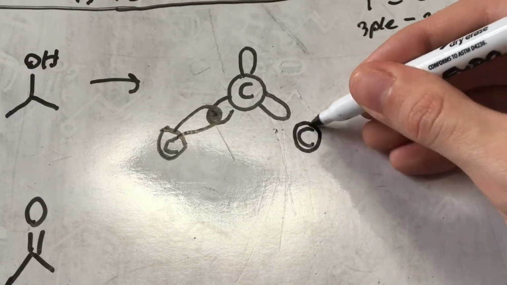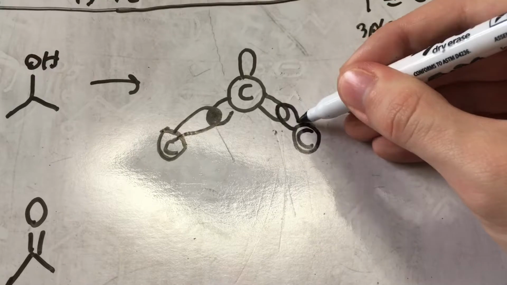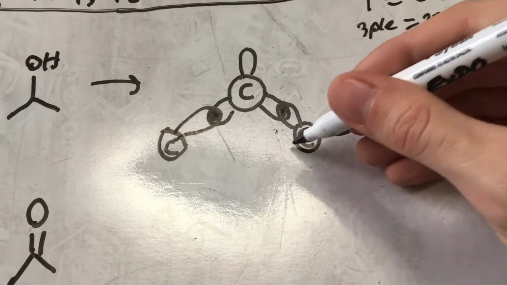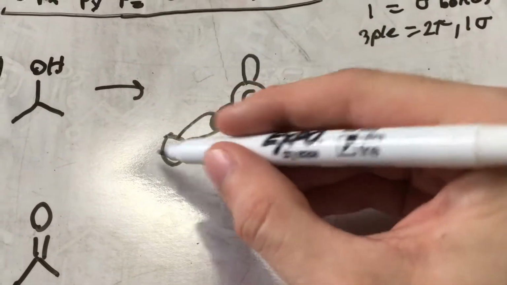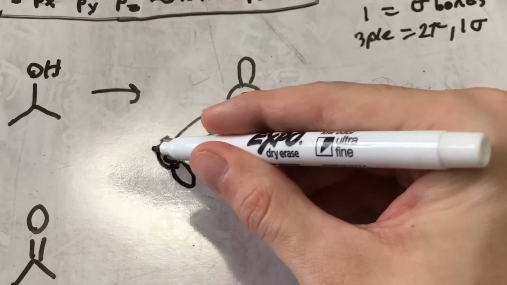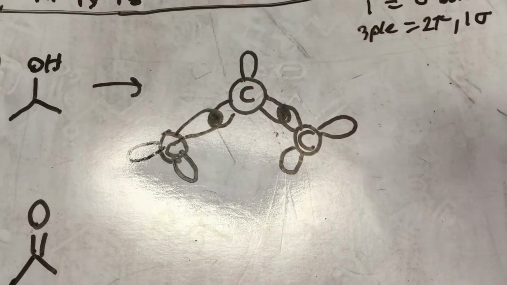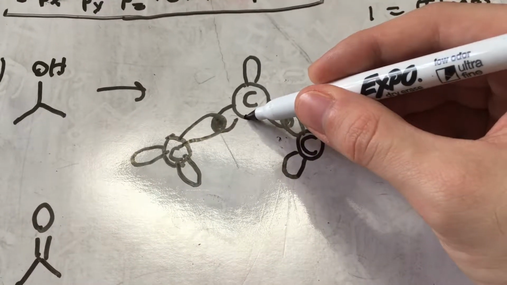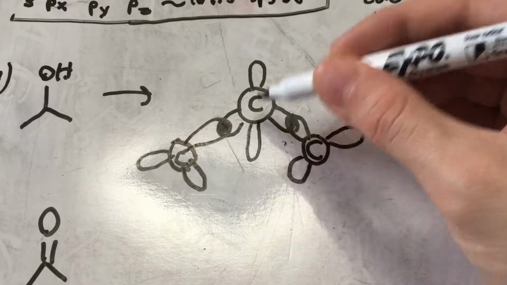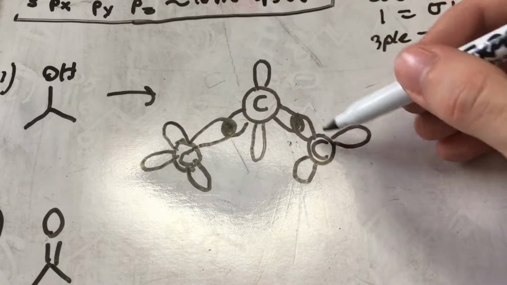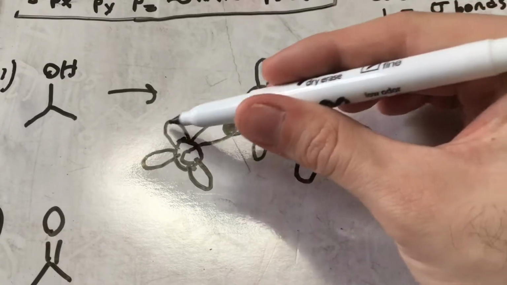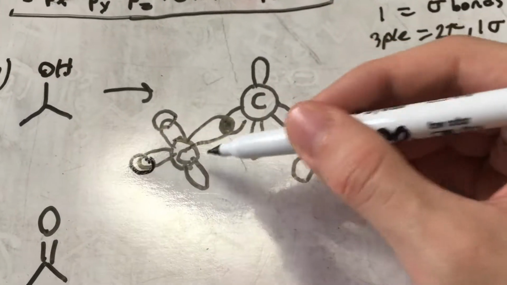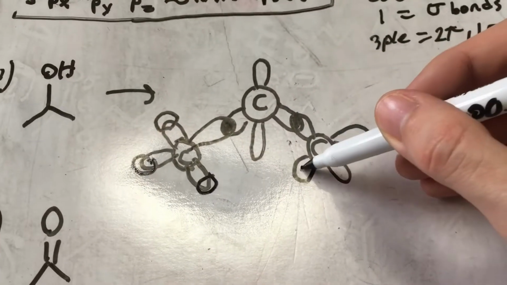Same with this carbon. And this carbon has 3 P's overall. Now we draw the hydrogens on these. Well, this one actually has, sorry about that, 4. My bad. For the hydrogens, we just draw a little circle, and that indicates that it's a hydrogen.